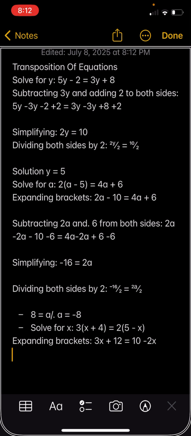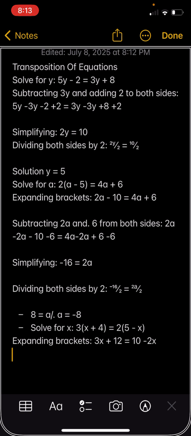We want to solve for x here, so we're going to collect all the x terms on one side. The negative 2x on the right side, we're going to move over onto the left side, meaning that we have to add 2x to both sides.